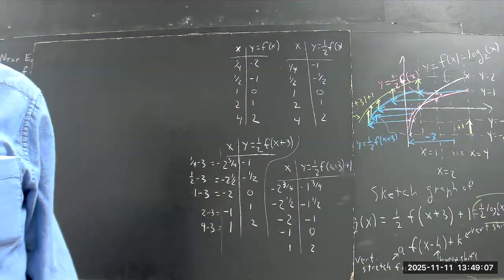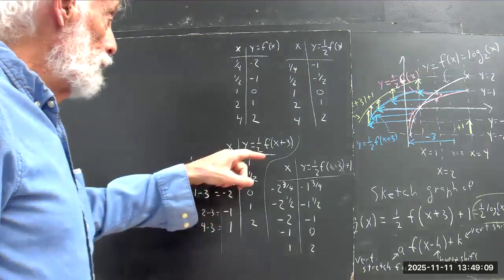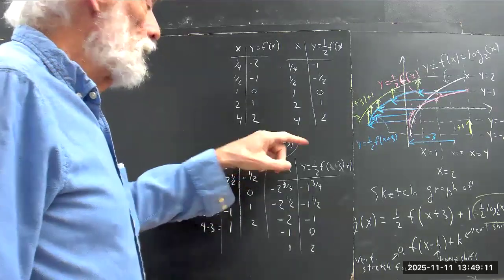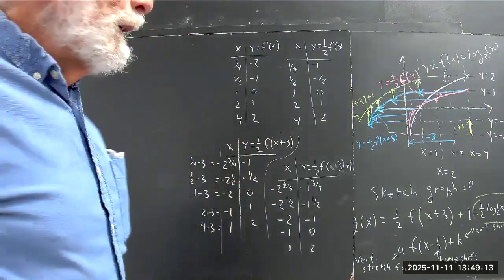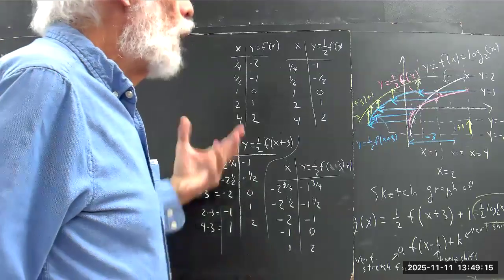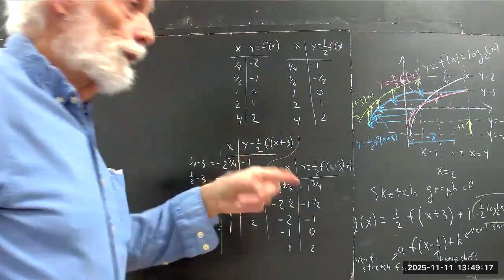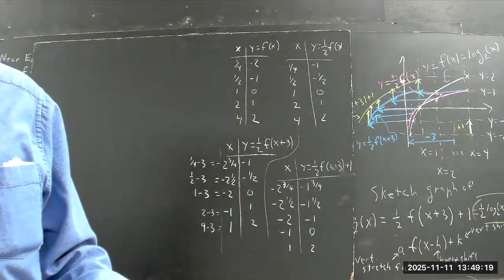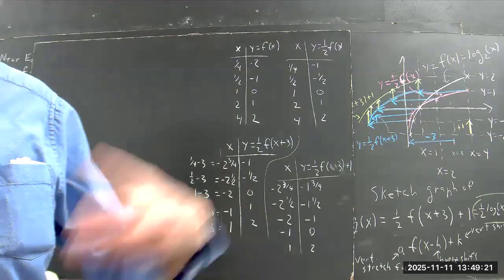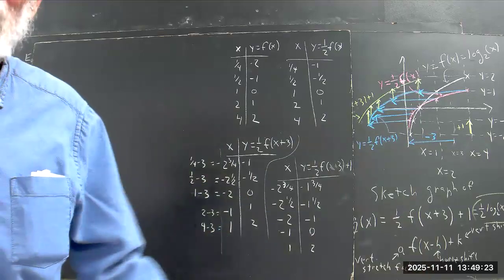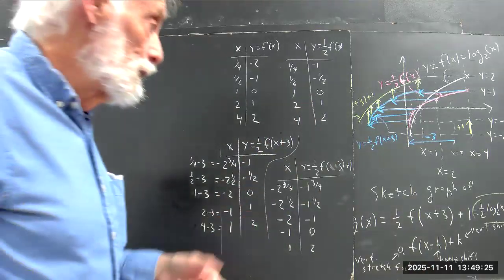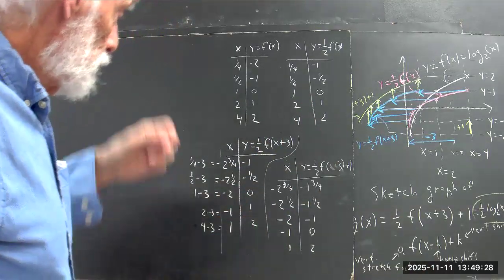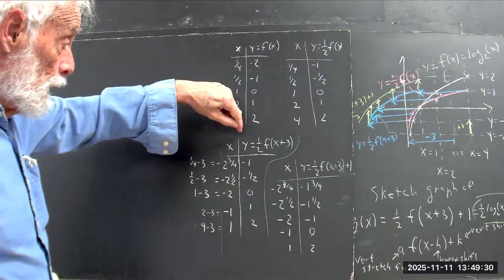Okay. Then what do? Well, we want the graph of 1/2 f of x plus 3. Well, we're going to get the same y values, but the x values are going to have to be 3 less, so that when we add 3, we get back to the original x values and so forth. Now, that's a little hard to understand, but hopefully you can sort that out.